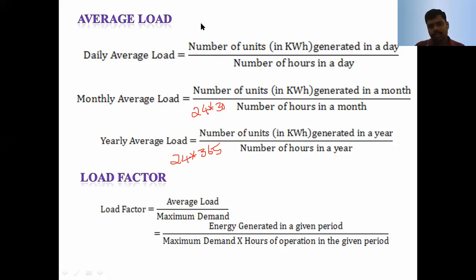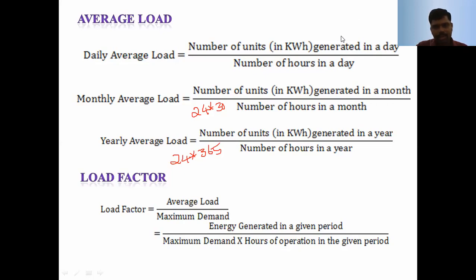And the load factor is always less than one, that is a smaller value compared to the maximum demand. The maximum demand is the higher value, and the average load is the minimum value.